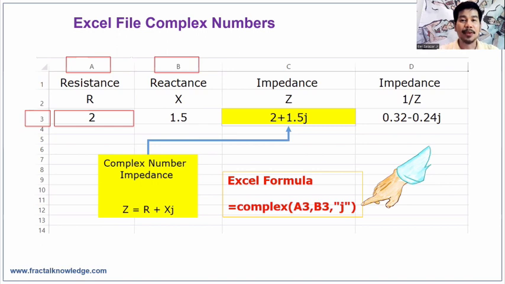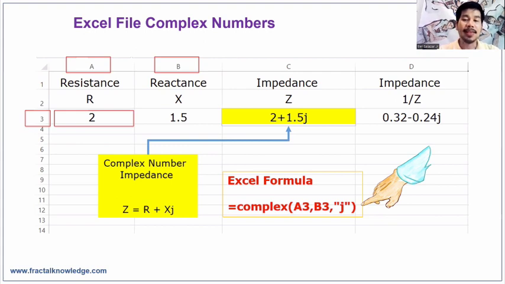I have here a sample Excel file, a resistance R of 2 from column A, a reactance X of 1.5 ohms from column B, solve for impedance Z. To translate it to complex number using Excel, the formula is equals COMPLEX, open parenthesis, move cursor to A3, then comma, cursor to B3, comma, then choose J or I operator, then close parenthesis.